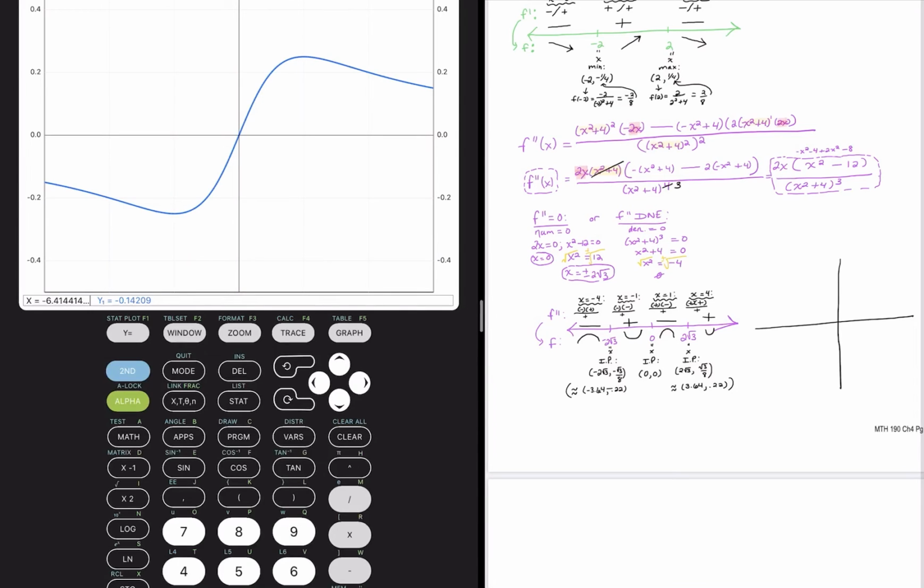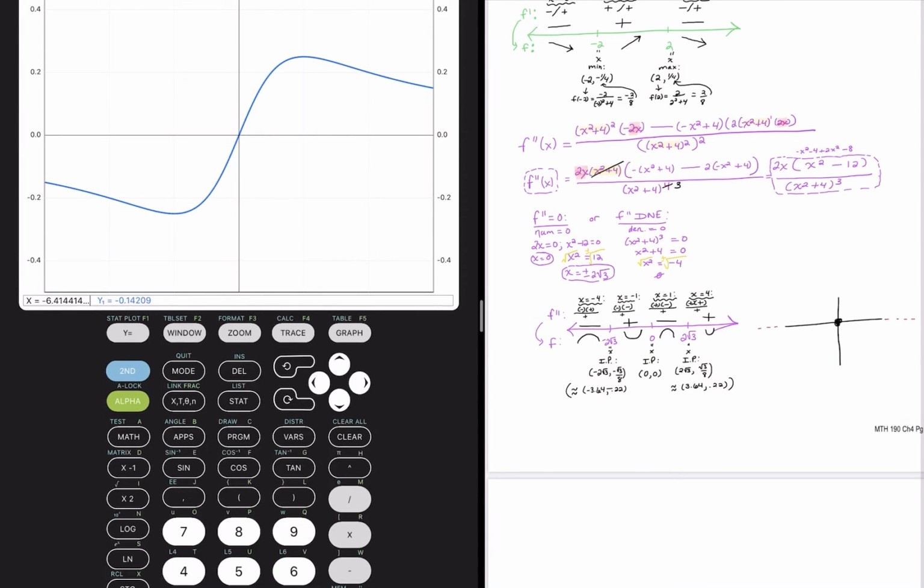Let's be mindful that we did have a horizontal asymptote at y equals 0. We did know from the very beginning that the function was going to have an x and y intercept at the origin.